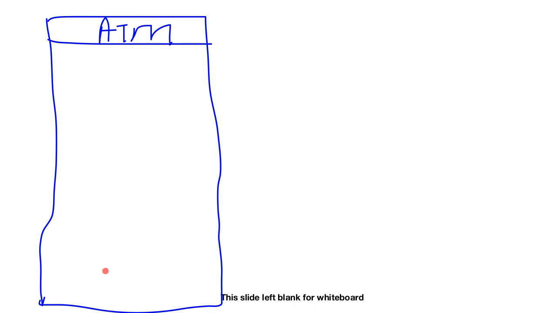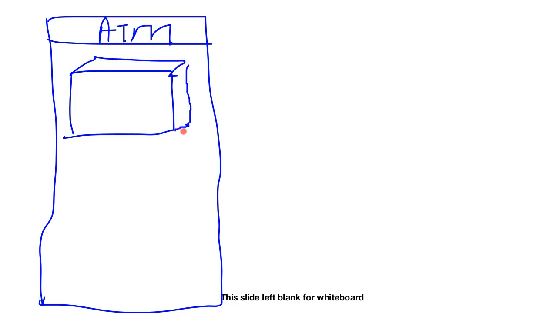So within this ATM, we can have a component, a deployment diagram. We can have a deployment diagram. And in this deployment diagram, we can have maybe a keyboard as a device.